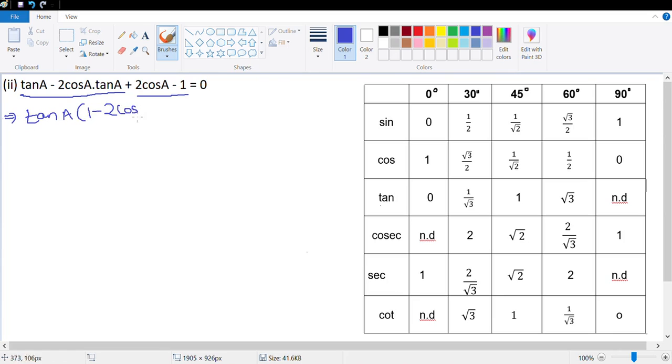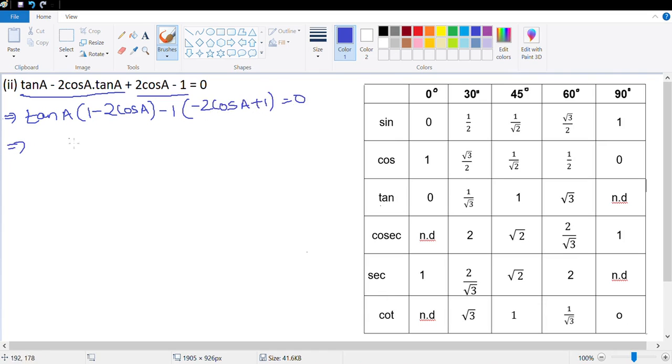And from the second term, I take plus 1 common. No, minus 1 common. If I take minus 1 common, then I should be able to get what I have in the first term. So if I take minus 1 common, this becomes minus 2 cos A plus 1. Let's just reconfirm. This would be plus 2 cos A and this would be minus 1. Perfect.